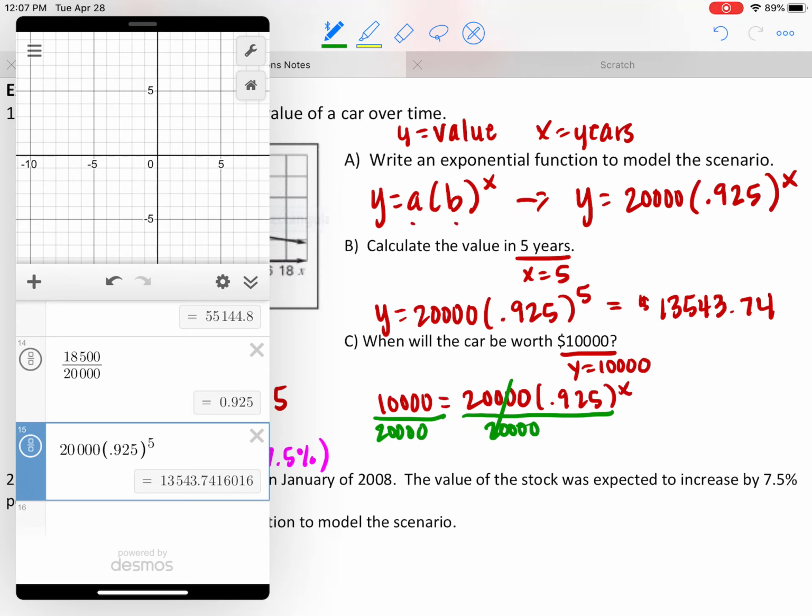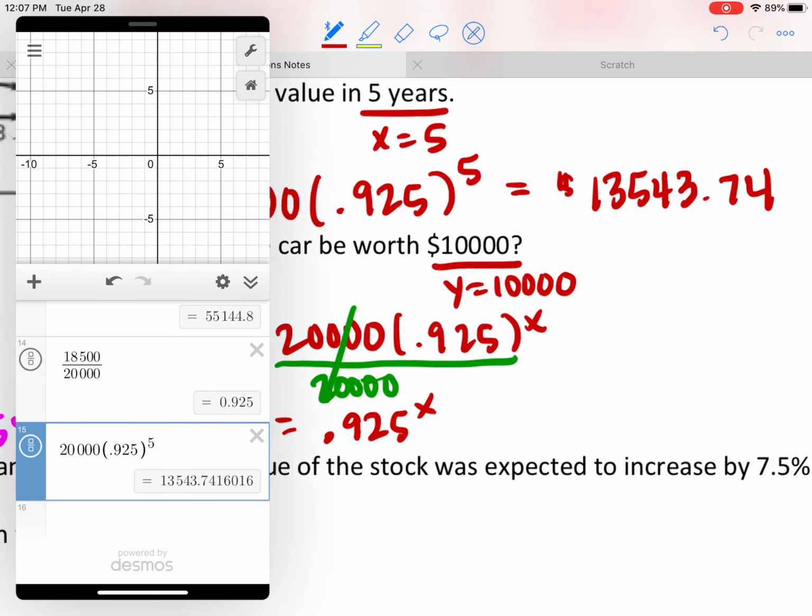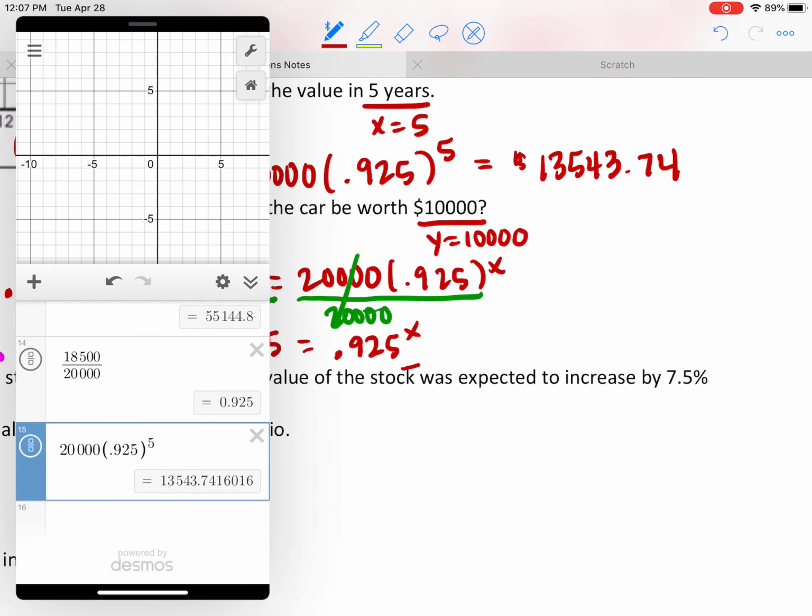So we want to get the base of the exponent by itself. The first thing we should do is divide over the 20,000. Then this will cancel, and 10,000 divided by 20,000 is going to be a half. So we're left with 0.5 or half equal to 0.925 to the x power.